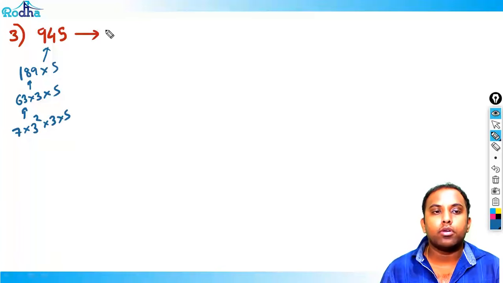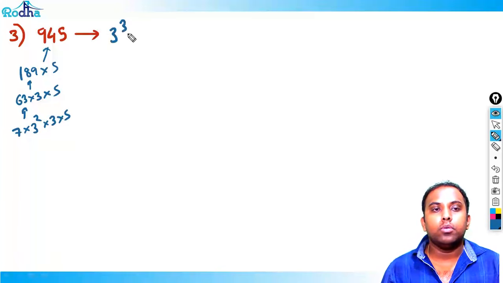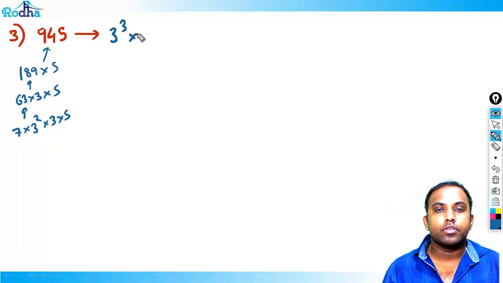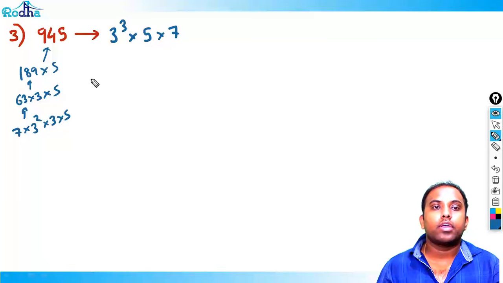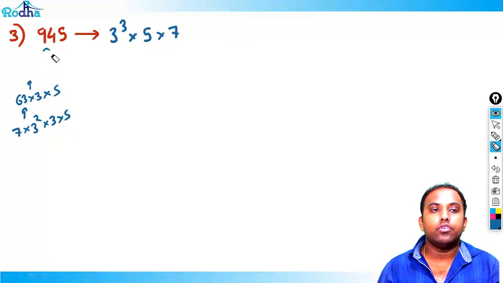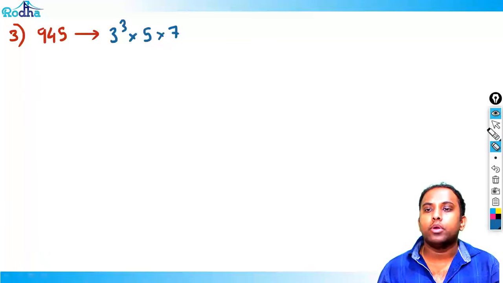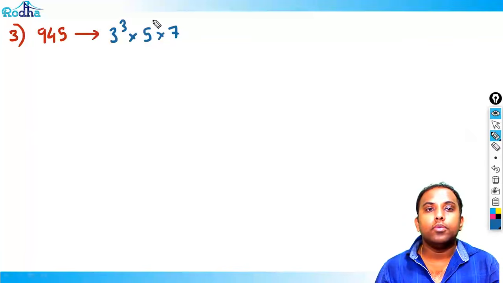So total how many powers of 3? So we got 3 cube into 5 into 7 as factors, right? Just break like this, right? Mentally, do it mentally, okay? So 3 cube into 5 into 7.